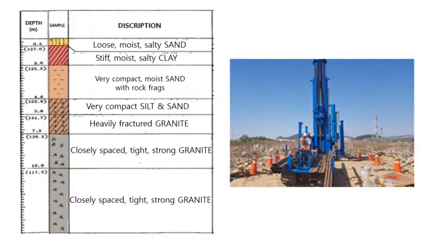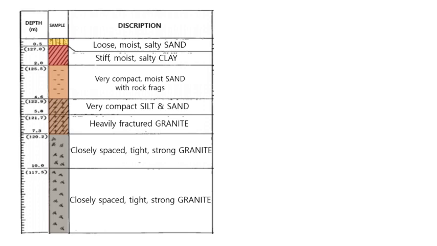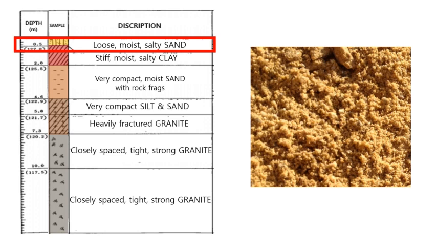The ground survey was conducted by dropping a 63-kilogram hammer from 75 centimeters. First of all, up to 0.5 meter consists of loose, moist, silty sand.